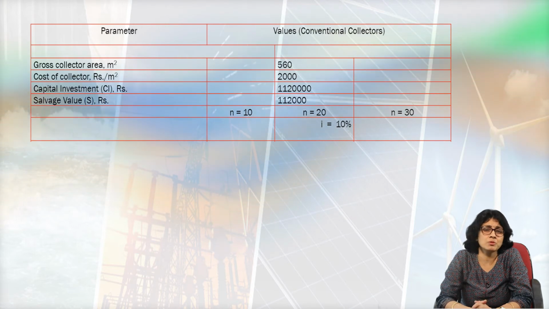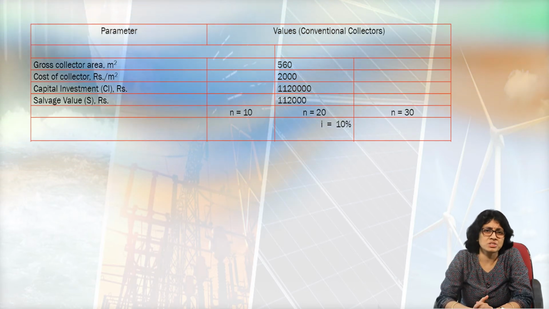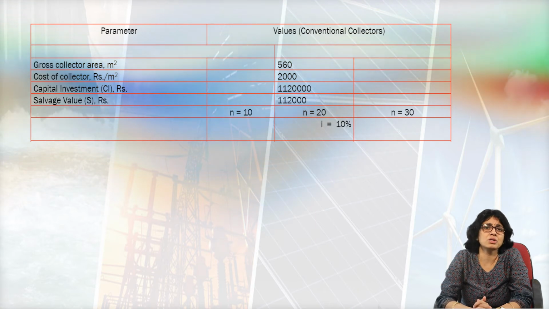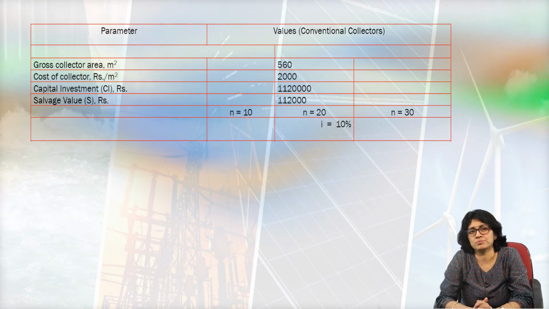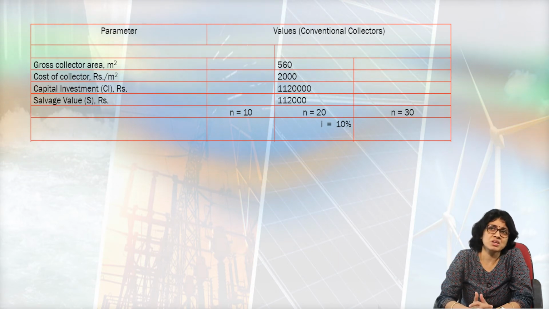Here the lifetime of the system is given as 10 years, 20 years and 30 years, and the interest rate is given as 10%. First we calculate the capital recovery factor, as we studied in previous slides.